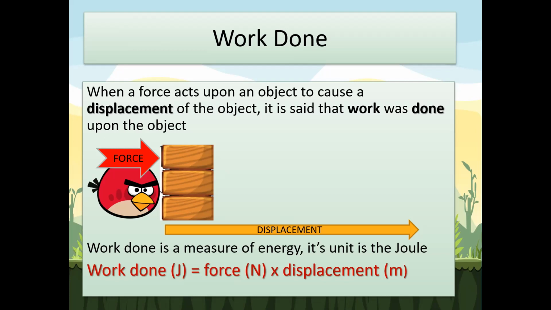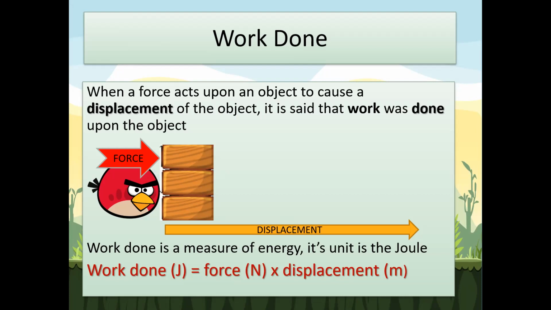So if you lift a table and the table is not able to lift up, you haven't done any work because the table hasn't moved. If you push something and the thing is still stationary, you haven't done any work. So for work to be done, the force should be able to move the object over a distance. And that distance in one direction is called displacement.